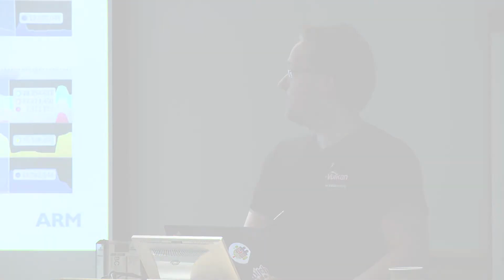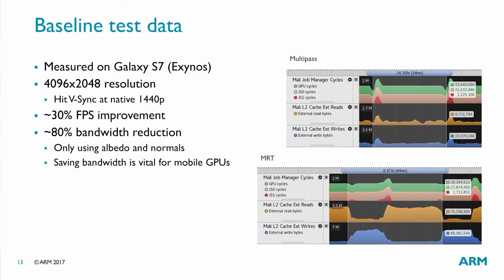Here's the G-buffer. It's a reduced G-buffer. There's no PBR materials like specular and roughness, that kind of thing. It's just plain normal and albedo. So I measured this on the Galaxy S7. We took the numbers before the S8 was out, so S7 it is.